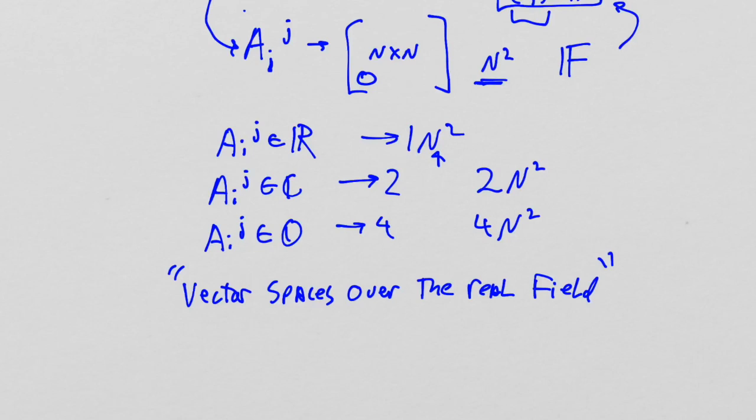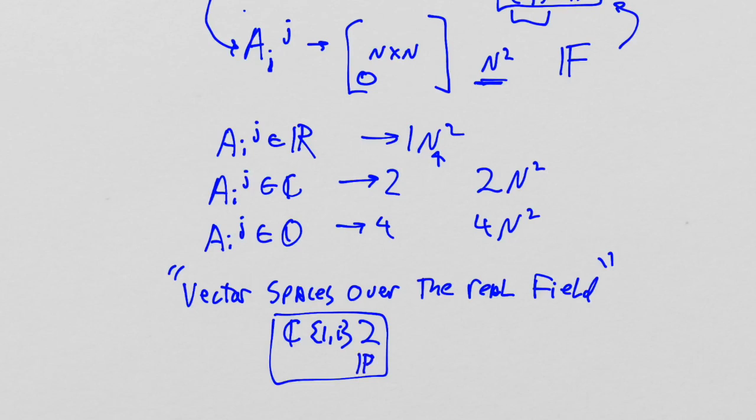That's the language he uses. So what he's basically saying is to consider the complex numbers as a vector space over the real field. And that would mean that the complex numbers, C, are a two-dimensional vector space whose basis is 1 and i, right? That's the basis.